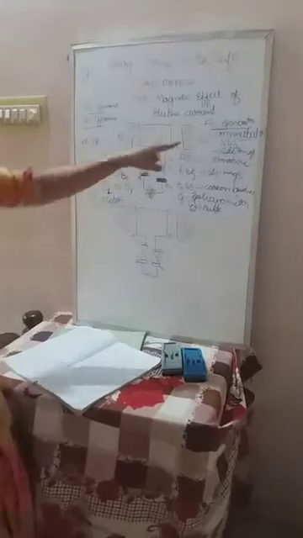So those are called commutators: a device which reverses the direction or allows the electric current to flow in a single direction. So in a DC dynamo, these split rings act as a commutator.